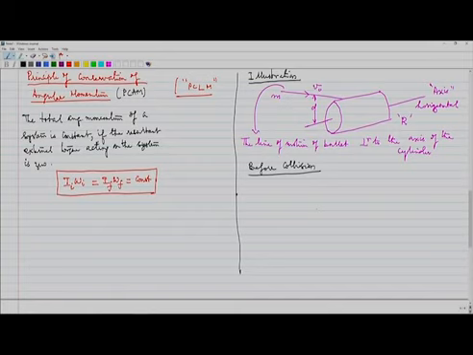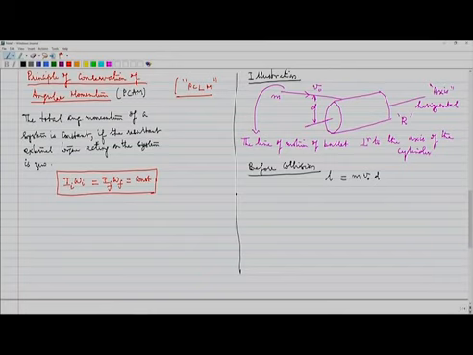Before collision, only the bullet alone has angular momentum with respect to the axis of the cylinder, and its value is L equal to M V naught into D. Okay, M V naught is the momentum, that into the distance.